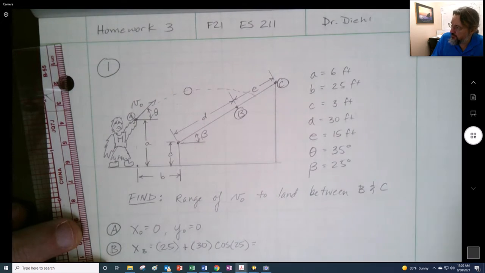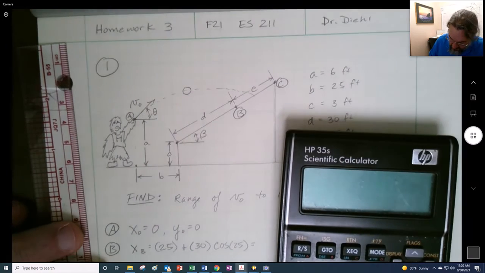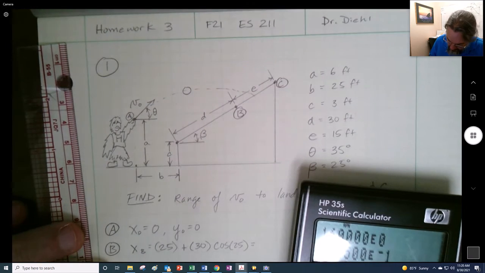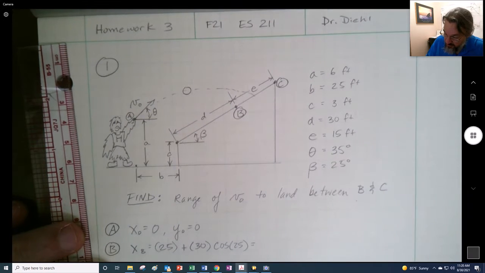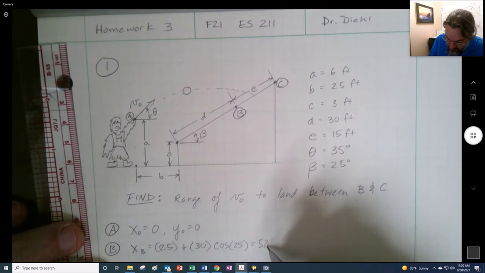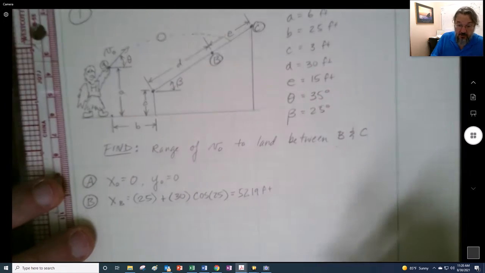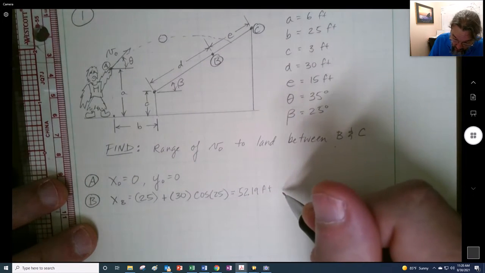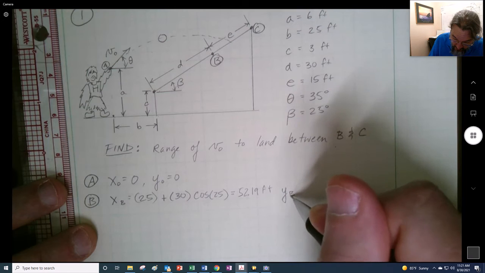Did I do that right? Yeah, I think so. So let me see where abouts that is: 25 plus 30 times the cosine of 25. So I say that's going to be 52.19 feet.